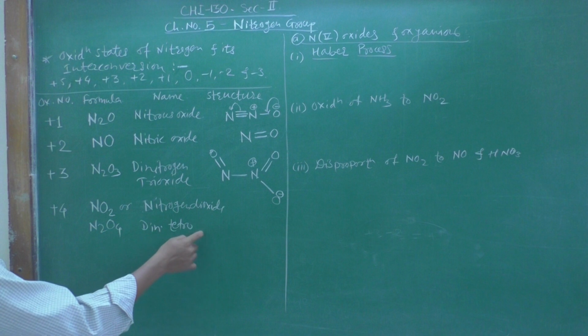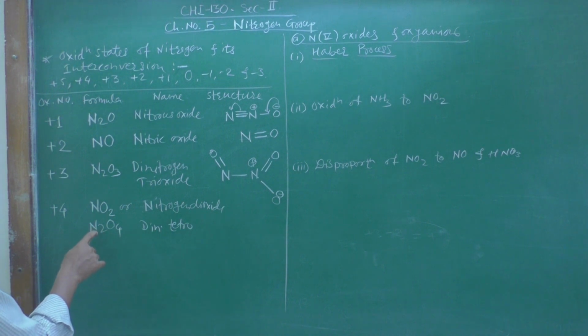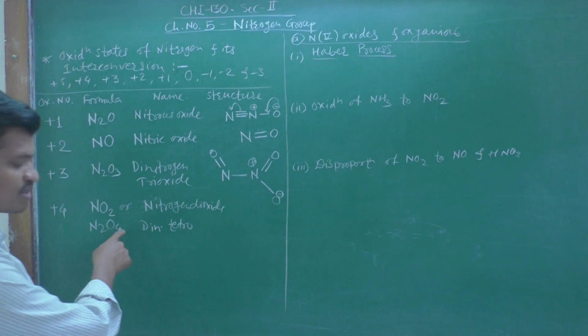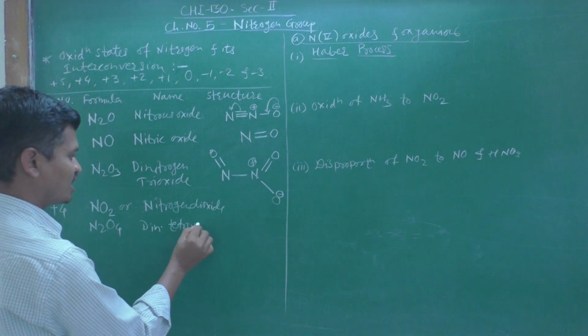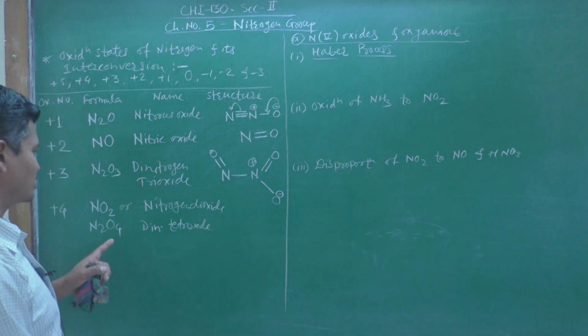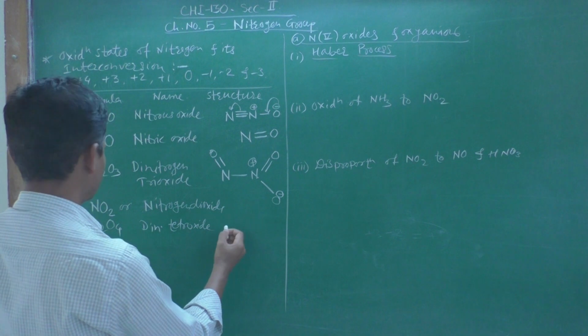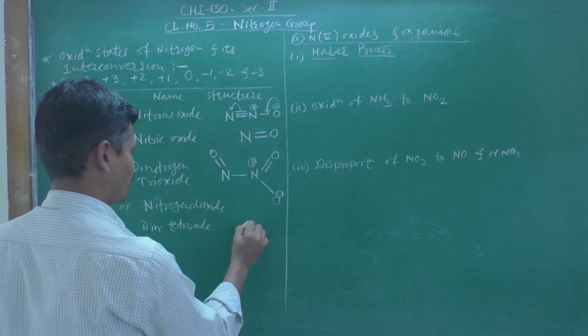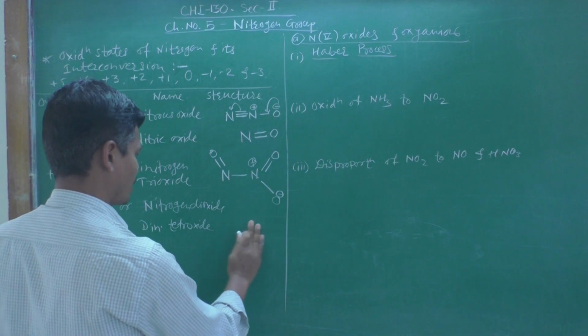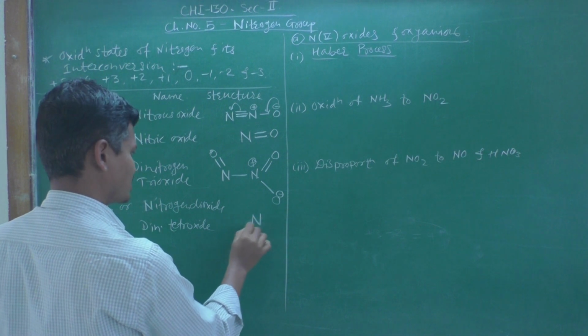Di means 2, tetra means 4. So, nitrogen atoms are present in 2 number and oxygen atoms are present in 4 number. So, dinitrogen tetroxide is the name of this compound, and the structure of NO2 is a bent structure.